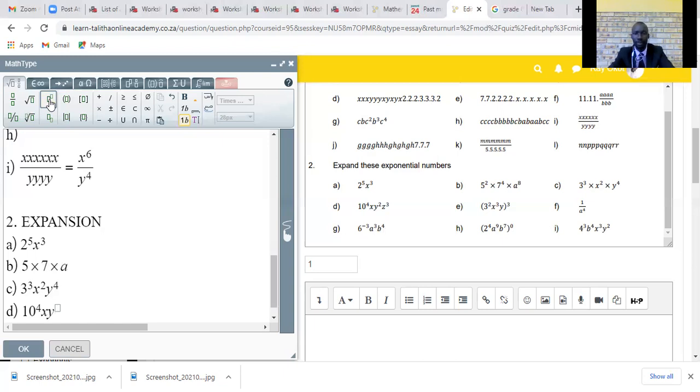Then later a z with exponent 3. So that's what we got.